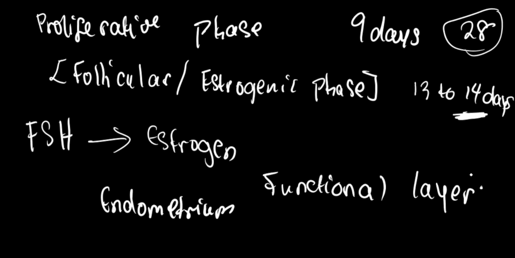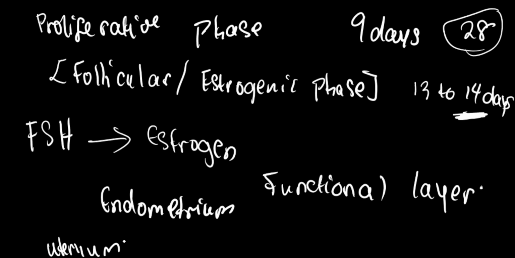Also, the endometrium is a mucous membrane. In the very first video where we considered the female reproductive system, we had the perimetrium, and we saw that the perimetrium is continuous with the peritoneal layer. Very importantly, we saw that the perimetrium was a serous membrane.